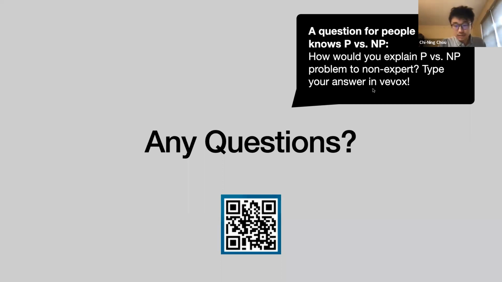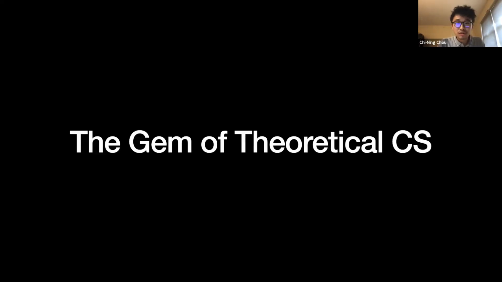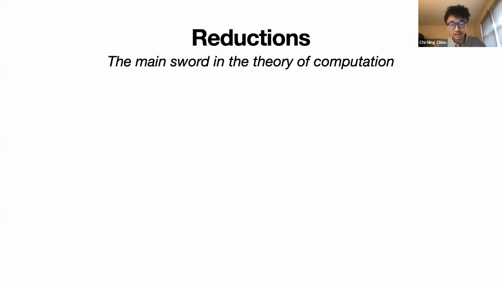Great. So given the time limit, and since I also didn't see any urgent questions, let me conclude this lecture with something very important in theoretical CS, the gem of theoretical CS, called reductions. Previously we were talking about complexity classes, and the big picture is that now we have so many different classes.